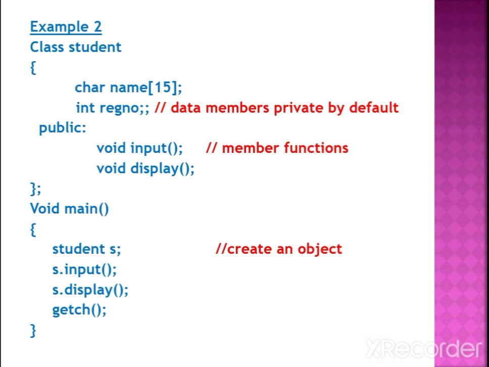Input and display are two member functions of class student. And in the main function, student s is a class variable or an object name with the class name student. So here s is a class variable or object name. You can create any number of objects with the class that invokes the member functions.